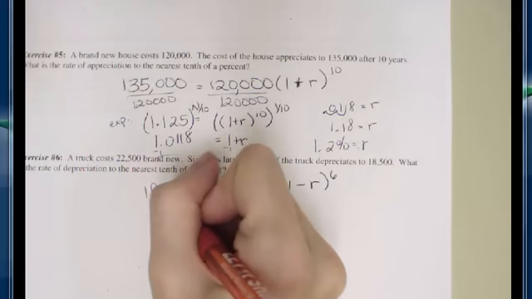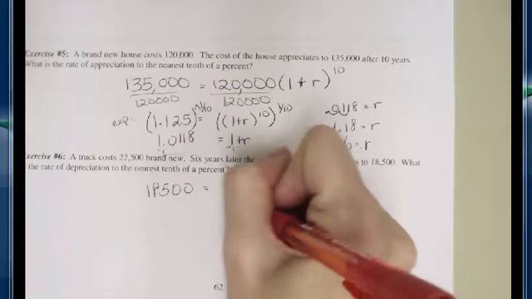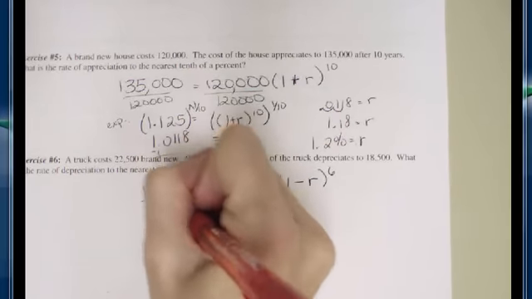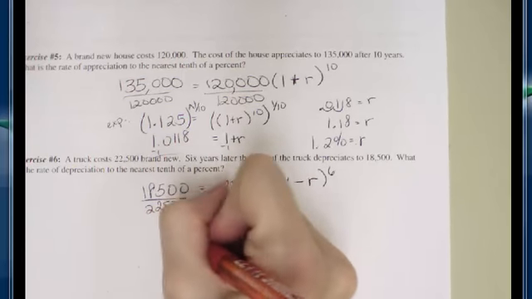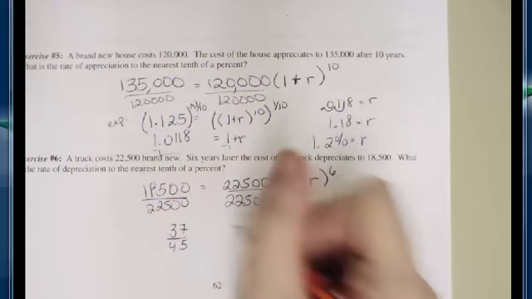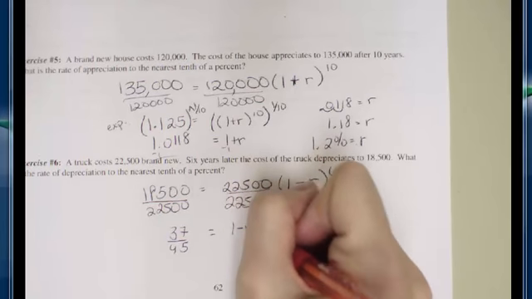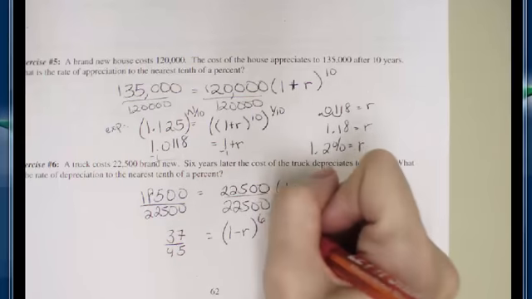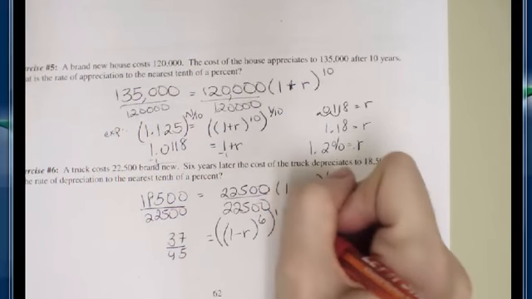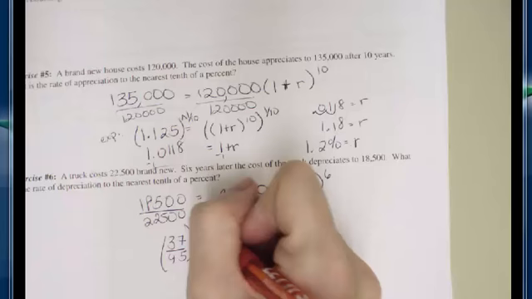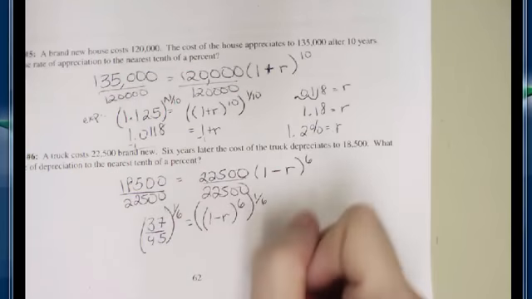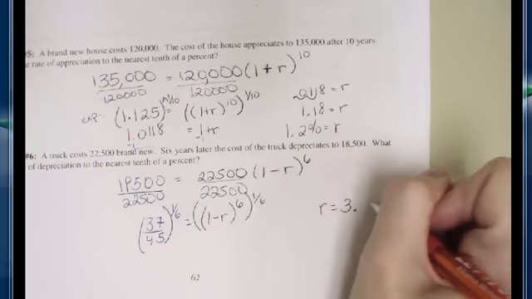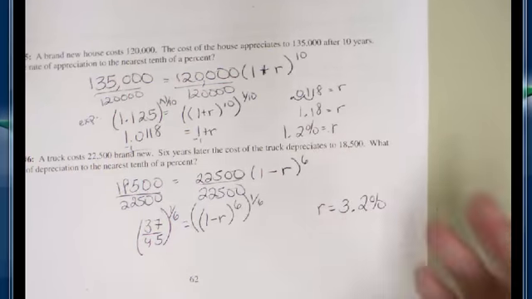So your first step is going to reduce to 37 over 45. I think it's easier to leave them as fractions. So, as I said, raise this side to the 1/6 power. I want you to finish it up. I'm going to let you know you should end up with 3.2%.